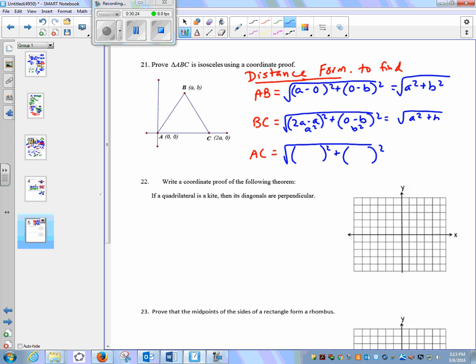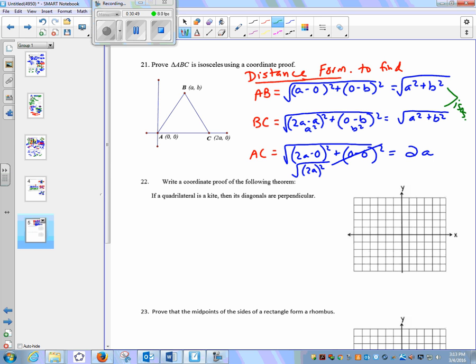Already we know it's isosceles because those two came out the same. Let's do AC just for kicks here. 2a minus 0, plus 0 minus 0. This actually comes out to the square root of 2a squared, so it's just 2a. So that one's not the same length. These two are the same length, therefore it's isosceles.